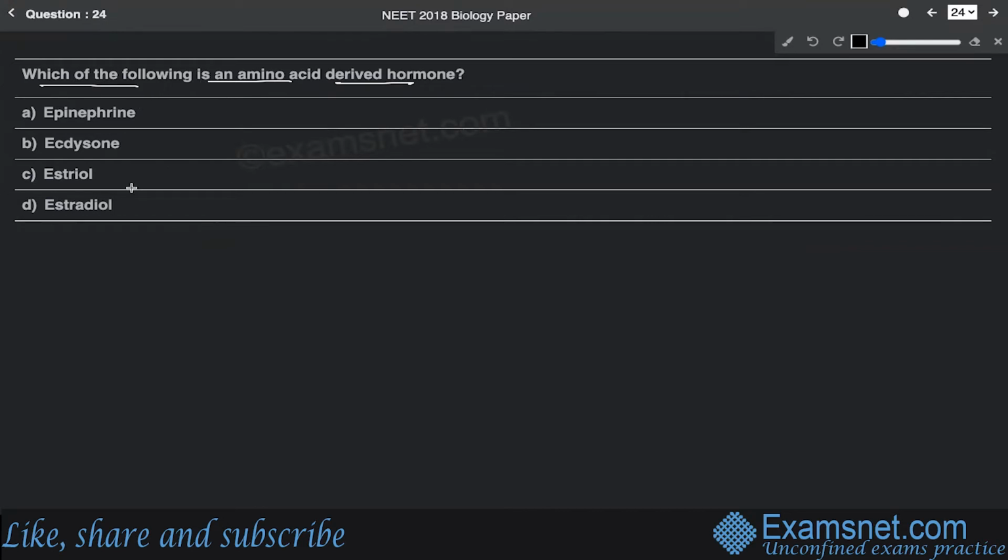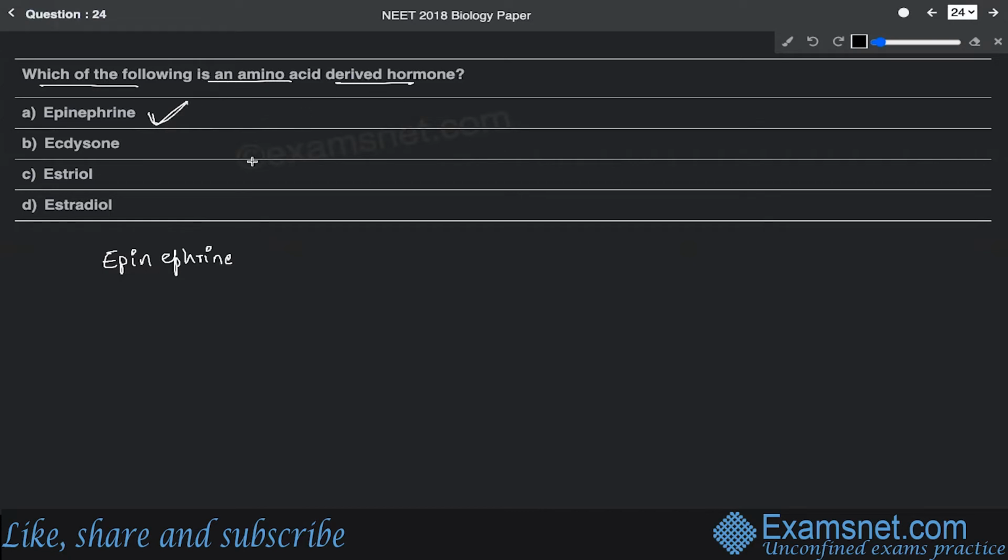Now, this is a very direct question. We know that amino acids are of proteinaceous nature; proteins are basically polypeptides of amino acids. So epinephrine here is considered the correct answer.